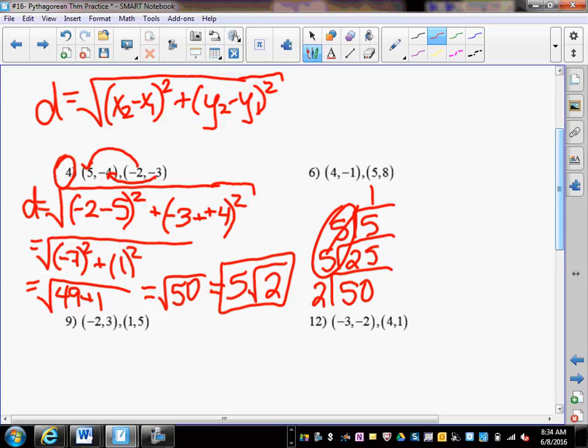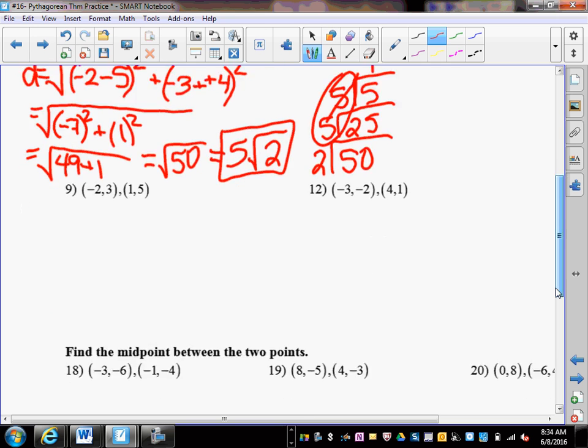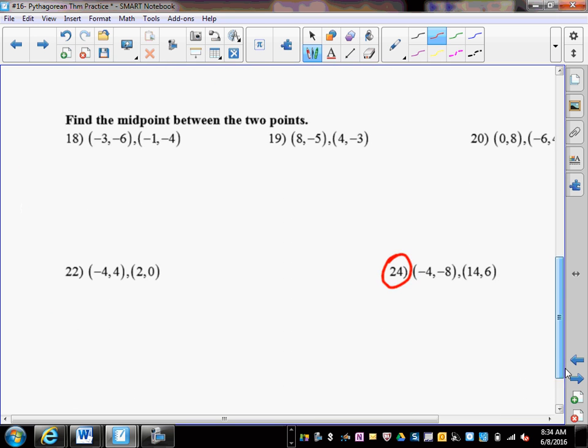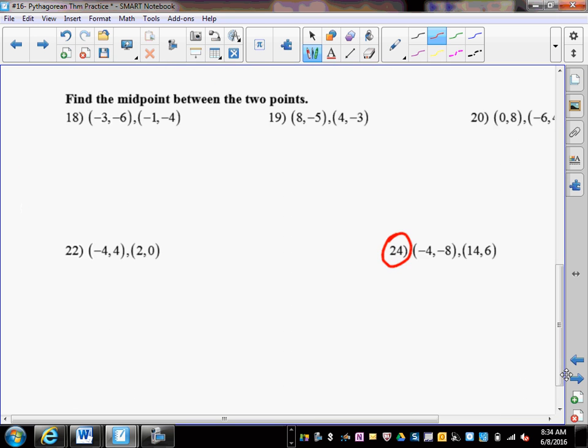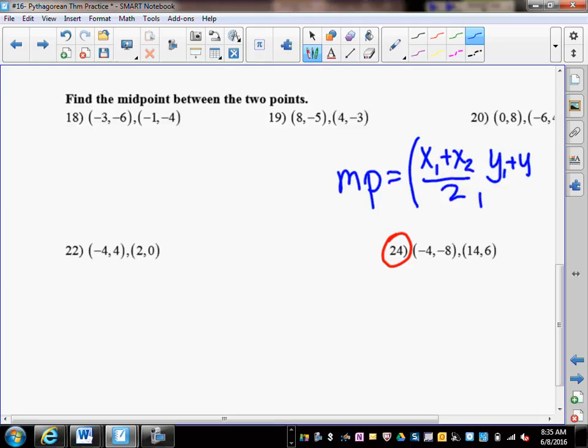Okay. And then finally, we have a midpoint here. Find the midpoint between 2 points. And our midpoint formula is we're just finding the average of our x's and the average of our y's. It's the halfway point between them. Okay? So we have midpoint equals, and it's an ordered pair, it's a point, so you should have your final answer as a point.